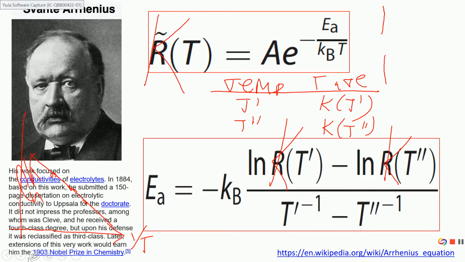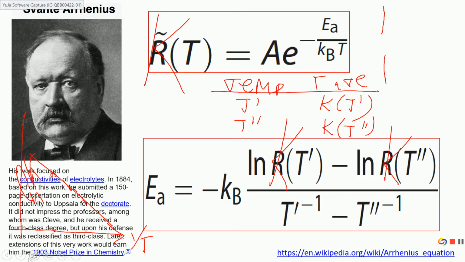Yes? I see the A in the first equation, but I didn't see that in the second equation. It cancels. Excuse me. It cancels. If you process it, you can divide left and right by A, and when you take the logarithm of K T prime over A, and here will be K T double prime over A. The logarithm of a fraction is a subtraction of logarithms, right?